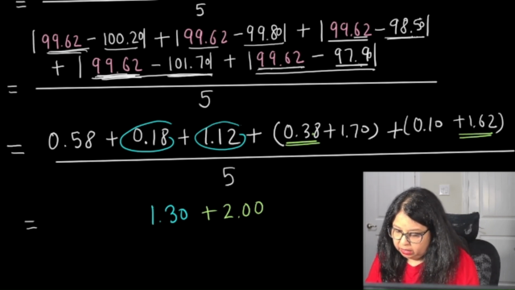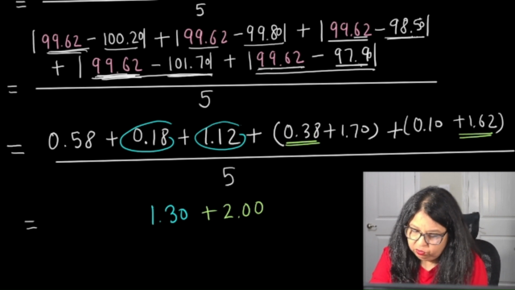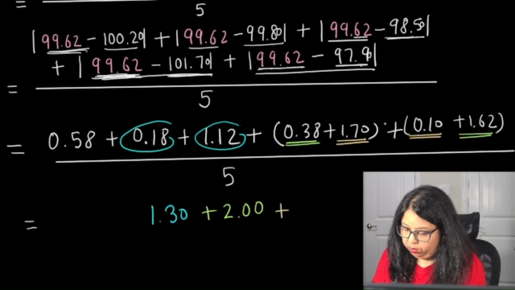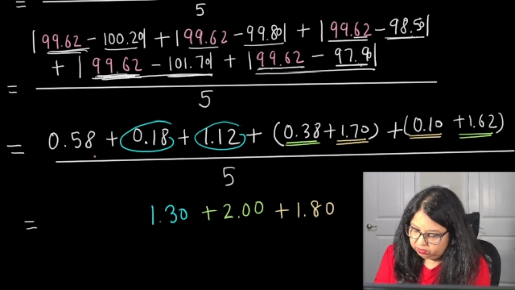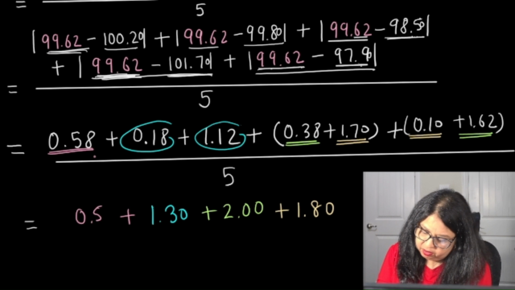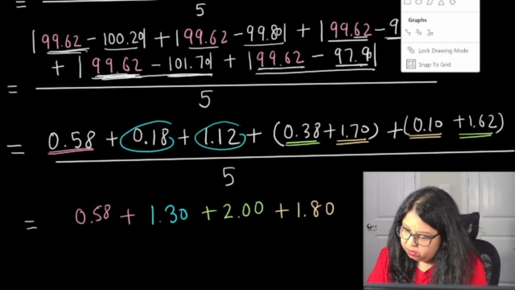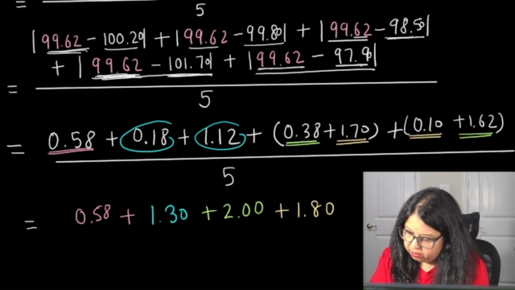Alrighty. Then let's use yellow. 1.70 plus 0.10 is 1.80. Last, 0.58. White color. Line.